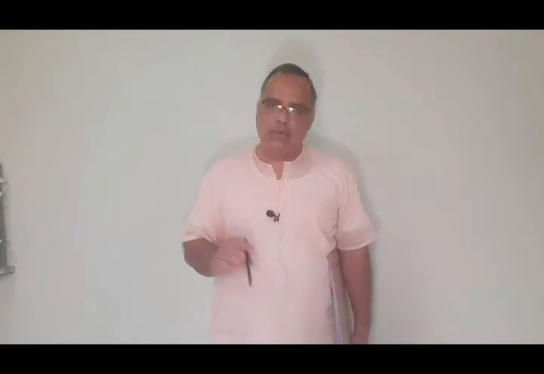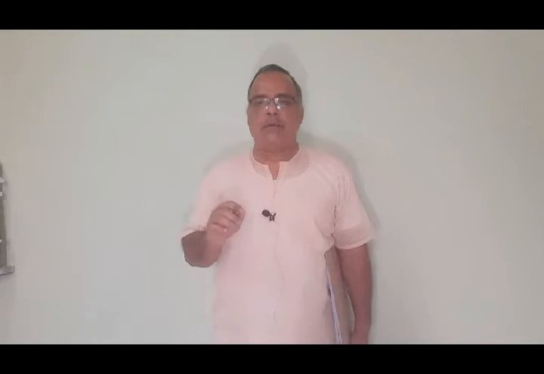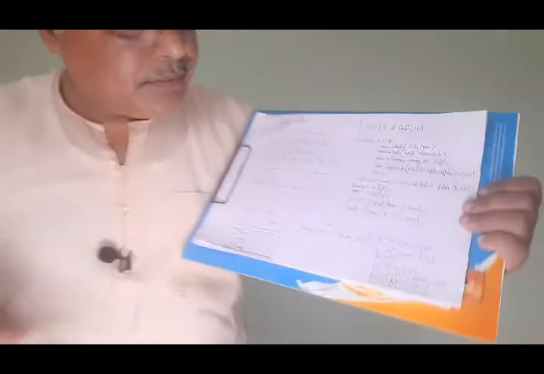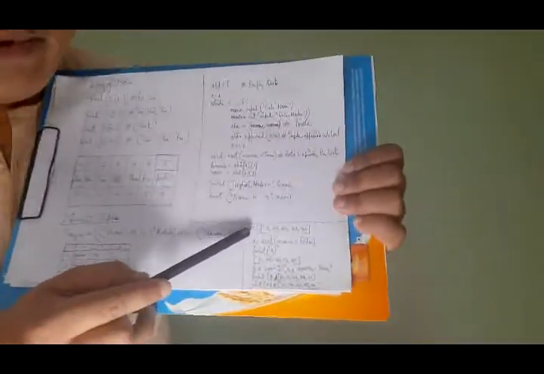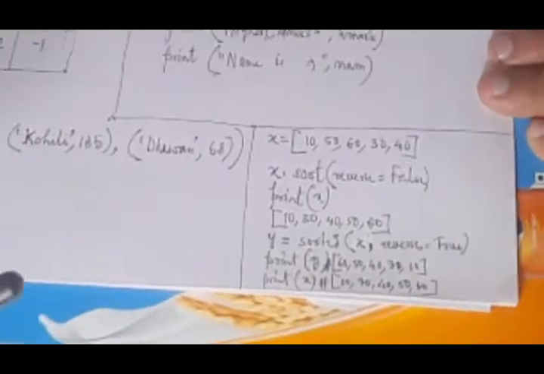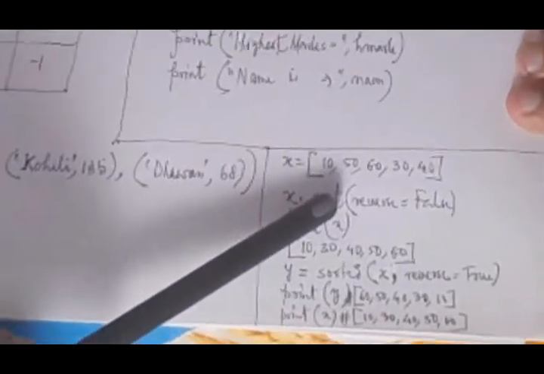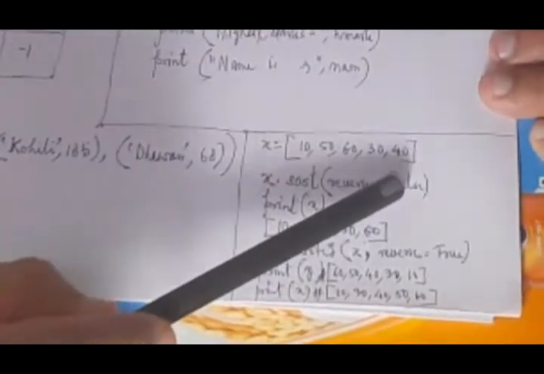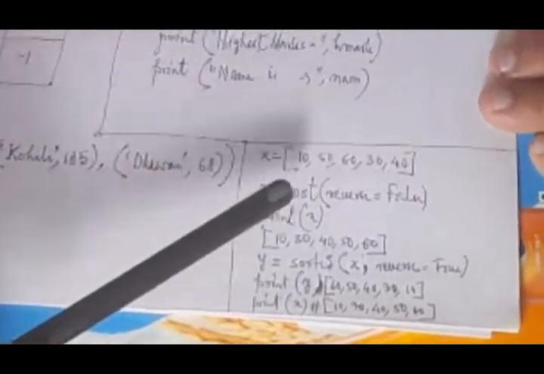Now, as I told you, let us find out the difference between sort and sorted. There are two functions. In fact, both of these two functions sort, but their functionalities are a little different. Let us see. Say X is a list, the values are 10, 50, 60, 30, 40. Now X.sort reverse false, in ascending order.